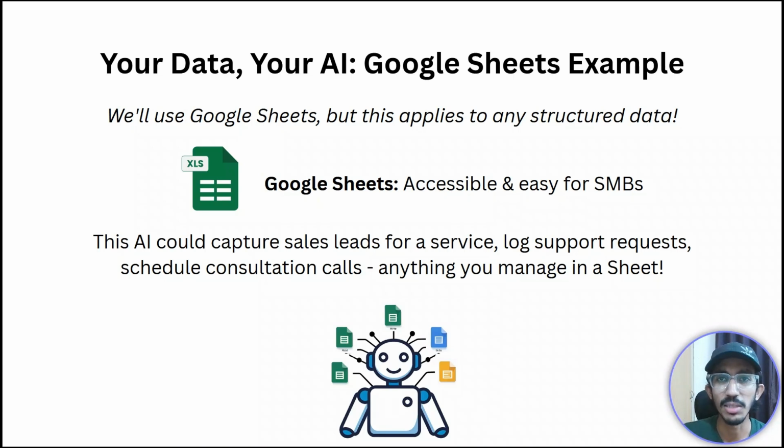You define columns relevant to your business, like products, services, inventory, FAQs, and now a sheet for new leads or orders. And as the slide says, this AI could capture sales leads for a service business, log support requests, schedule consultation calls, literally anything you manage in a sheet. The AI adapts to your sheet structure.